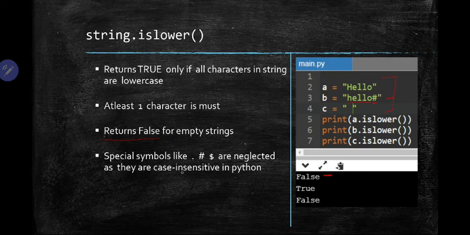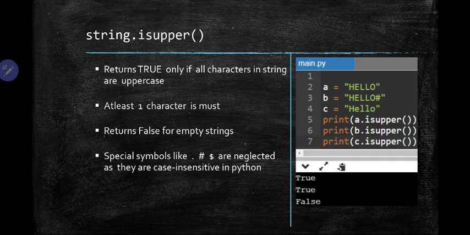By the way, the special symbols in Python are case insensitive, so it does not matter whether they are treated as lowercase or uppercase. In this case, they will be treated as lowercase, and if we are checking for uppercase, then they will be treated as uppercase only. So for string b, islower will return true, and in c we have only space. As I told you, at least one character must be there, so it will return false, since there is no character.